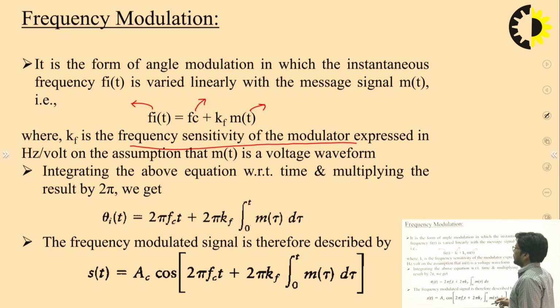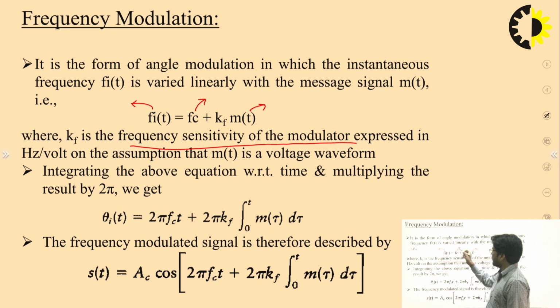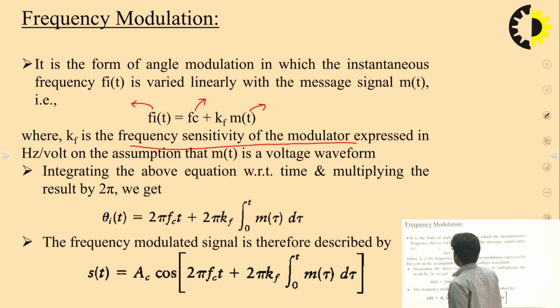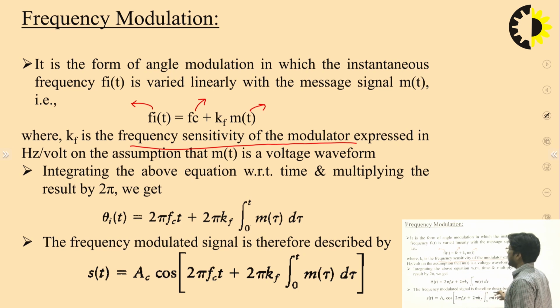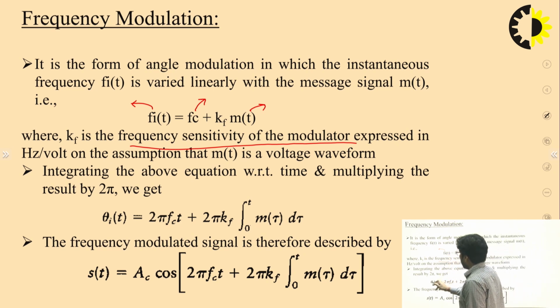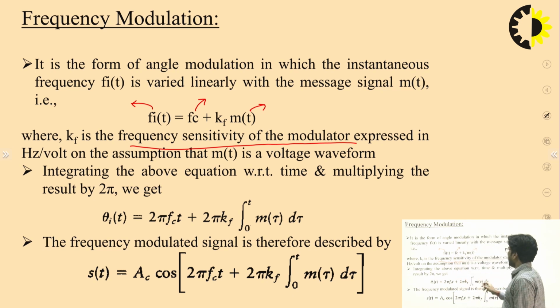Right. So if you integrate the above equation and multiply by 2 pi, then you will get the angle, that is theta_i(t) is equal to 2 pi f_c t plus 2 pi k_f integral from 0 to t of m(t) dt. This is nothing but you are integrating this equation from 0 to t.